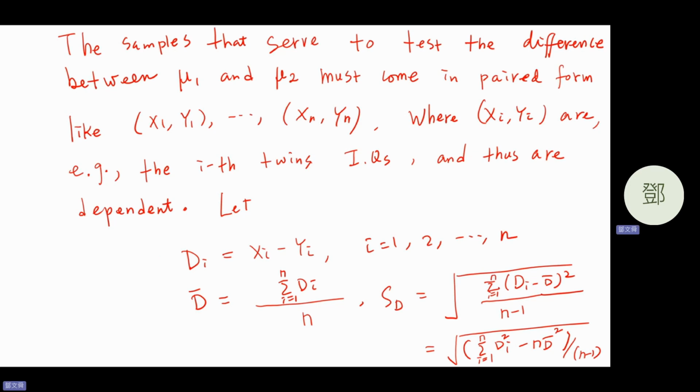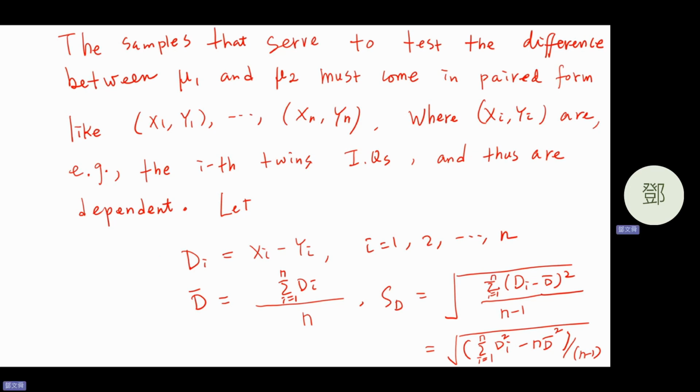Now, to see the difference between mu1 and mu2, the first thing to do is to obtain the difference, Xi minus Yi: the younger twin brother's IQ minus the older twin brother's IQ.